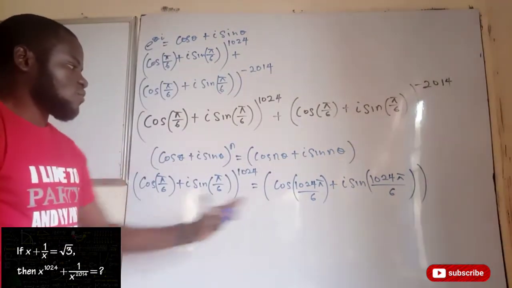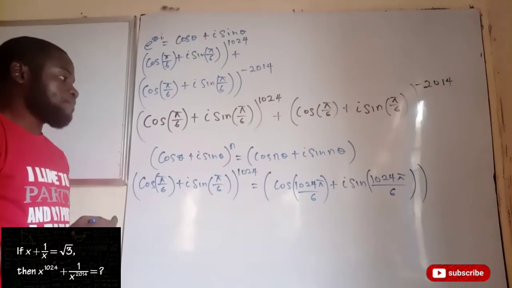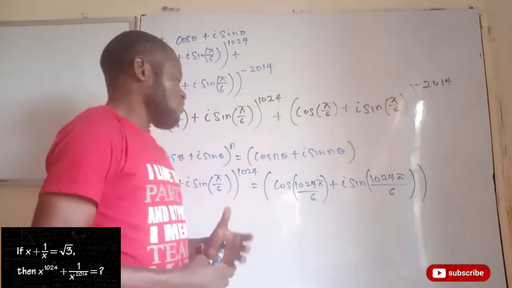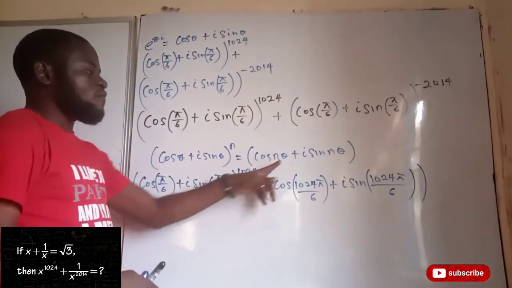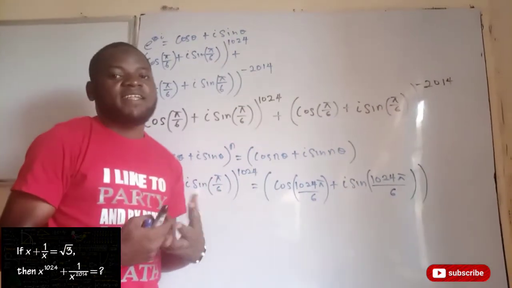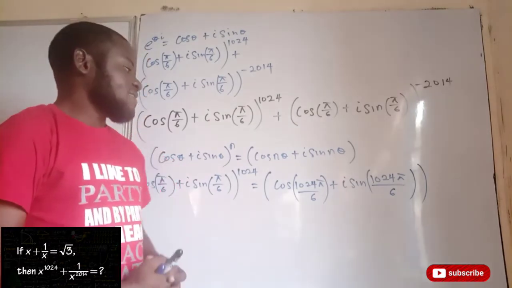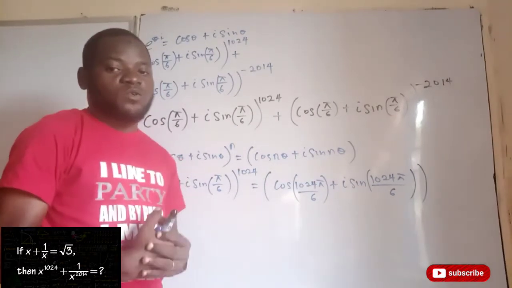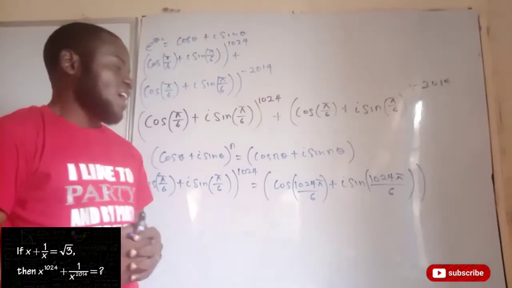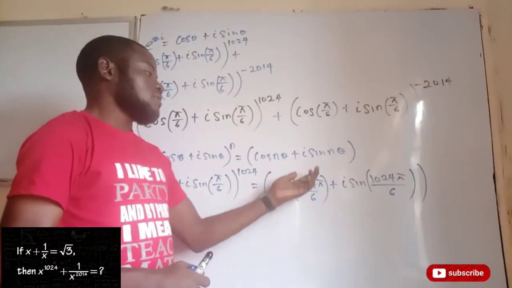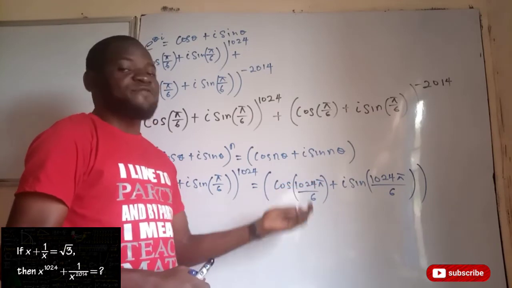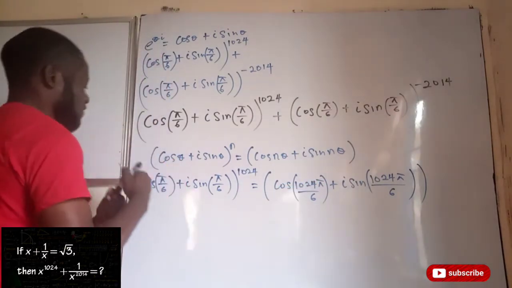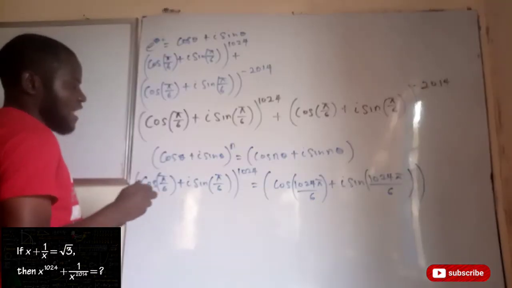So this is what we have now. Okay, now remember that when dealing with De Moivre's theorem, the value of theta must not be greater than 2 pi. Hence, we need to take away 2 pi from this and see what our result will look like. In order for us to save time, we need to continue what? Subtracting 2 pi from this value until we have a reasonable value.